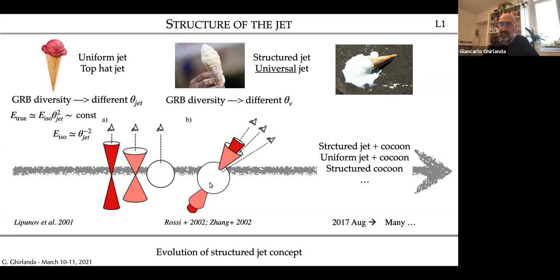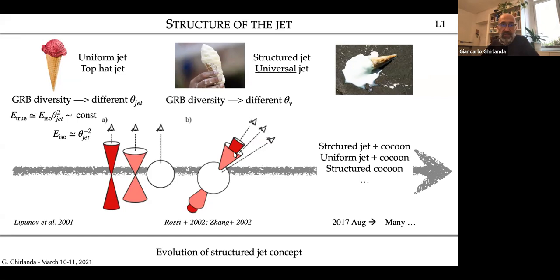Today maybe we will discuss this a bit more in detail. The idea, which is indeed expected from the theory, is having not a uniform or top-hat jet, but a structured jet.